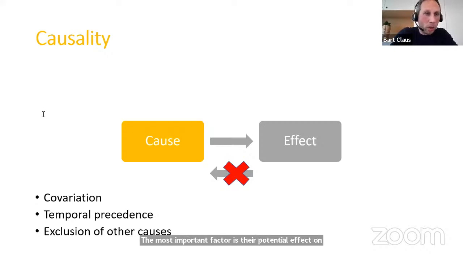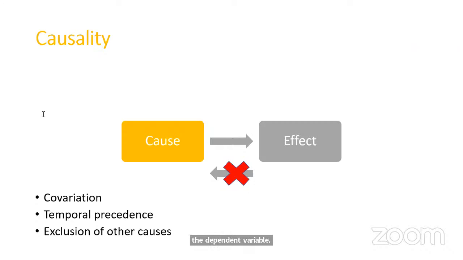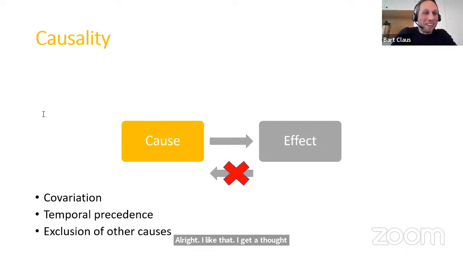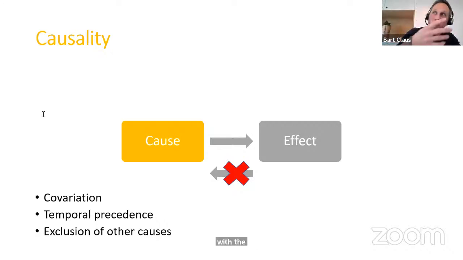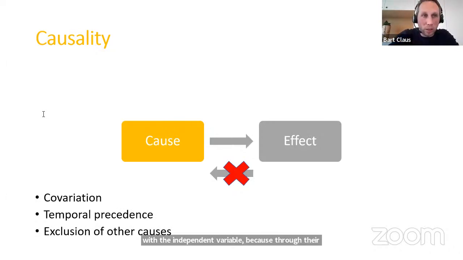The most important factor to consider for excluding other variables is their correlation, their covariation with the dependent variable, especially, but also potentially with the independent variable, because through their covariation with the independent variable, they might create an indirect effect on that dependent variable.